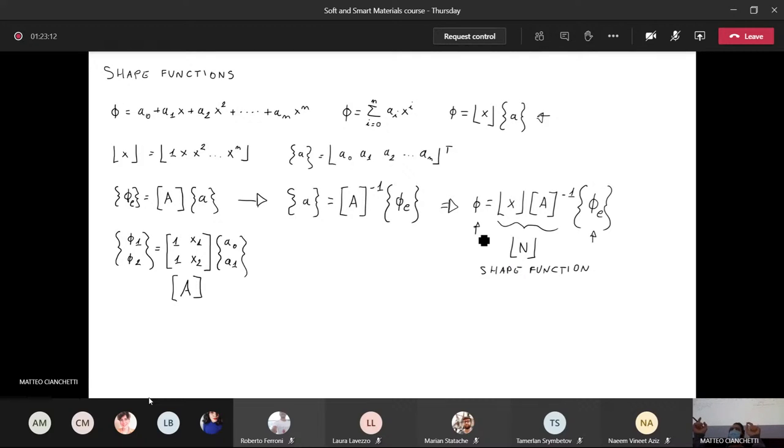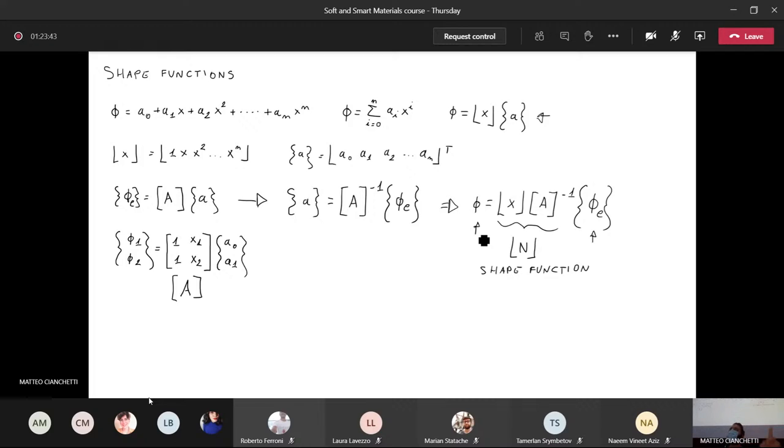When you go from the immediate left side to the immediate right side of a node, you may have a discontinuity, because the shape function does not take care of the transition between the two sides of the node. In that case, we have to deal with continuity.